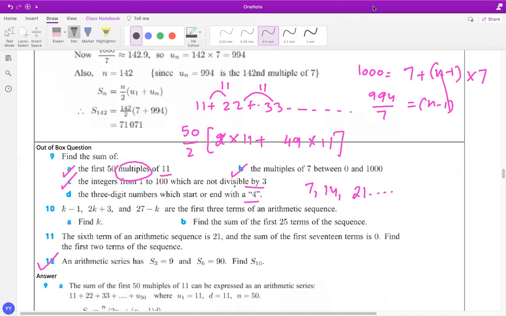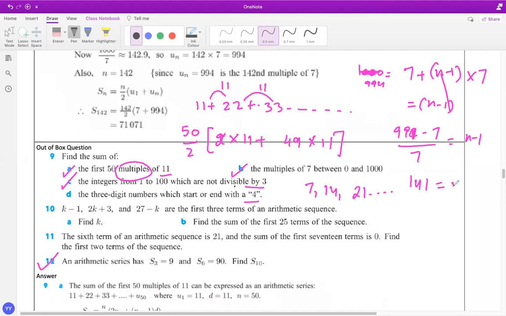When you do trial and error, I'm pretty sure that 994 is the term that is divisible. So for 994, you solve for n. Let's see how many terms there are up to 994. You do 994 minus 7, upon 7, to get n minus 1, and this comes out to be 141 equals n minus 1.